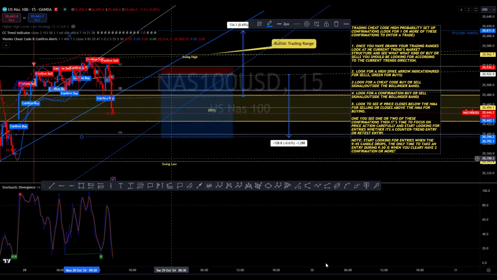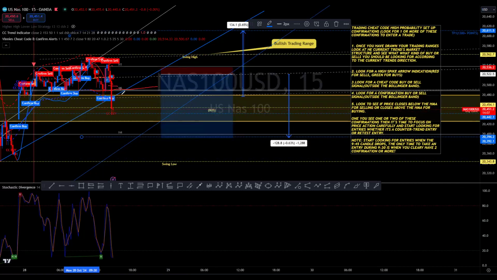But what I'm probably going to actually do, folks, is I'm not going to buy all the way up to this structure and then get an indication to sell it down, like a confirmation sell or cheat code sell. So I'm probably going to let this go to a counter trend buy all the way up to here and then wait for it to sell down and hit that. So that's what I'm probably going to do.